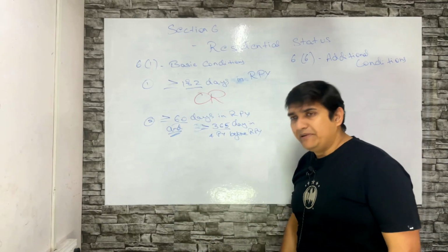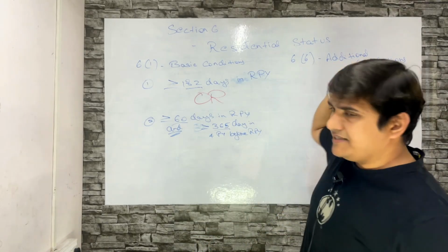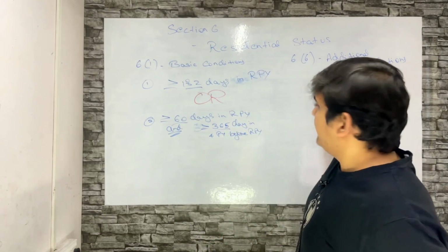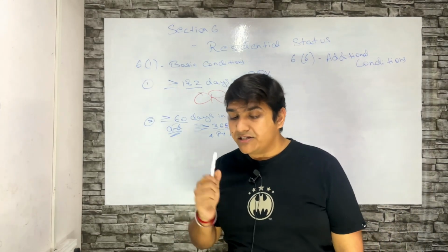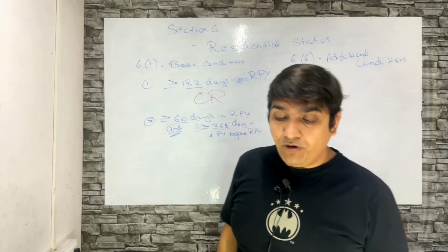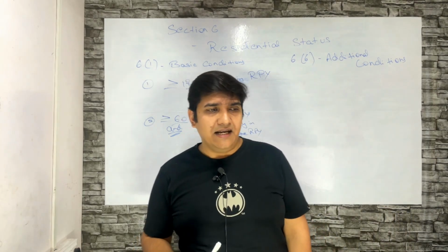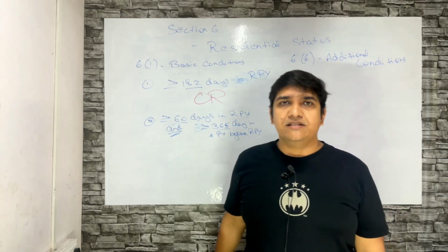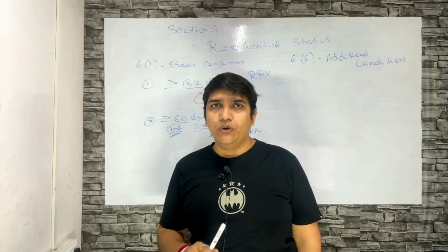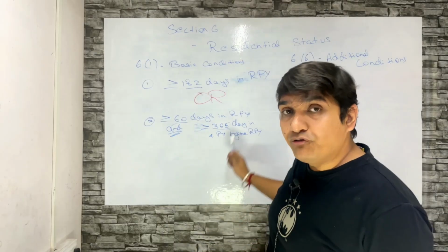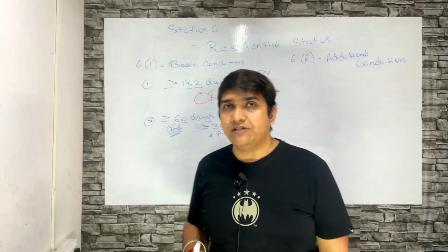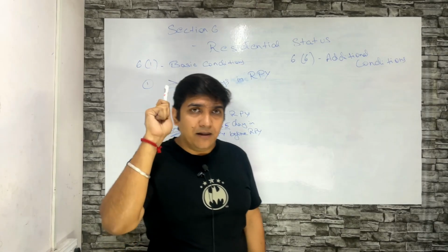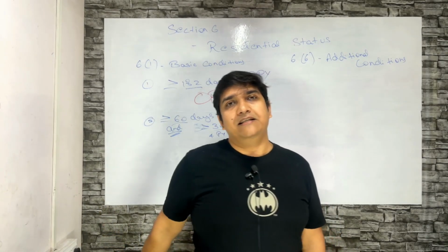Because the Income Tax Act gives us section 6 subsection 6, where it lays out some additional conditions. If a person satisfies any one of the basic conditions, they are resident, no doubt, but they have to satisfy all the additional conditions to become resident and ordinarily resident.